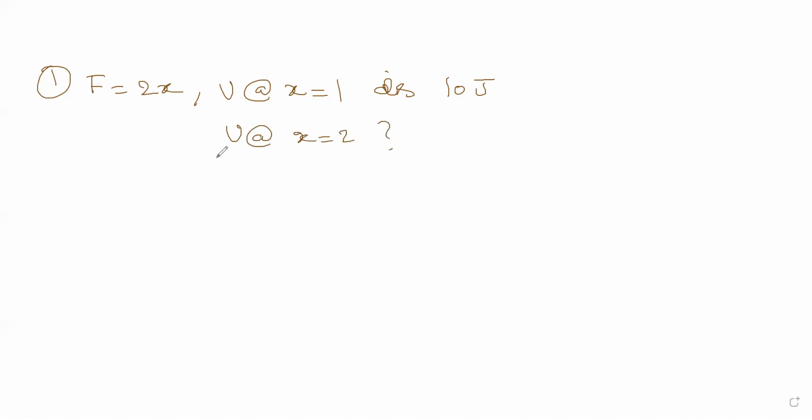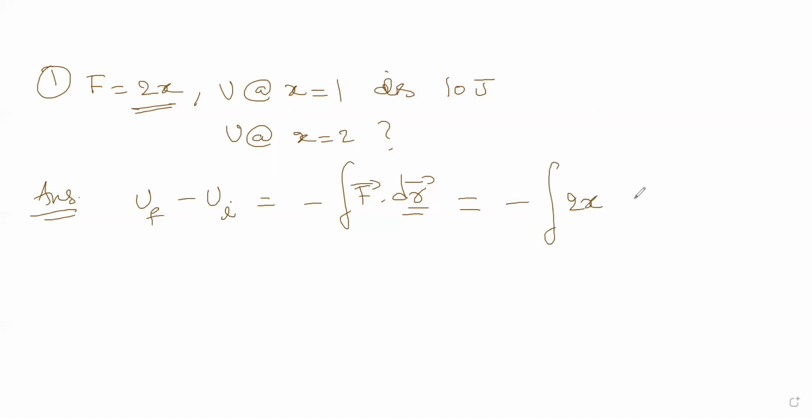How do you find U at x equal to 2? We use the basic equation, U final minus U initial is equal to negative of integral F bar dot dr bar, and here F is only 2x and dr bar becomes dx. So you have negative integral of 2x dx, with x running from 1 to 2. U final is U at x equal to 2 minus U at x equal to 1, which is 10 joules.